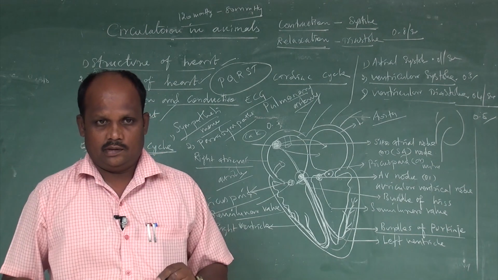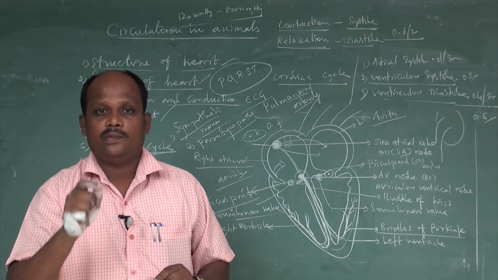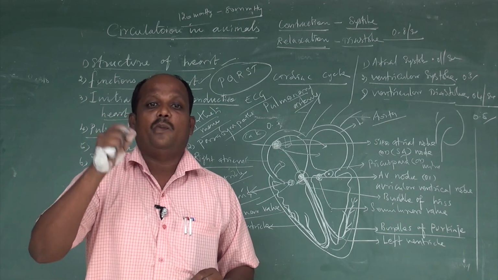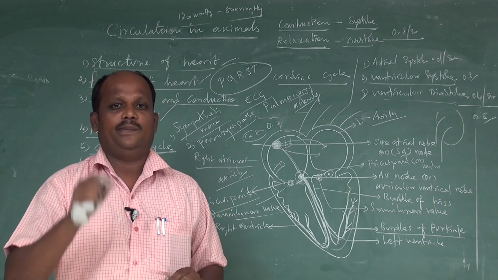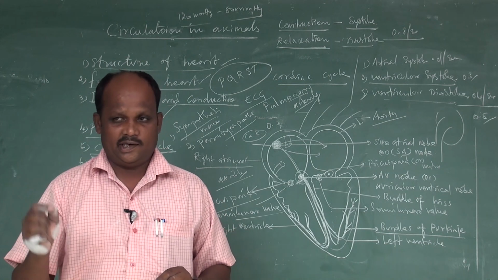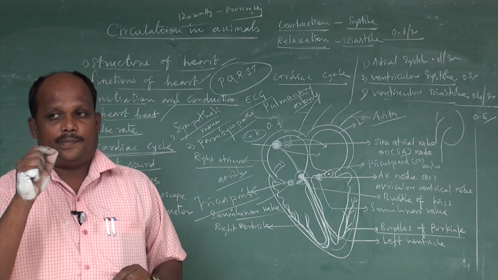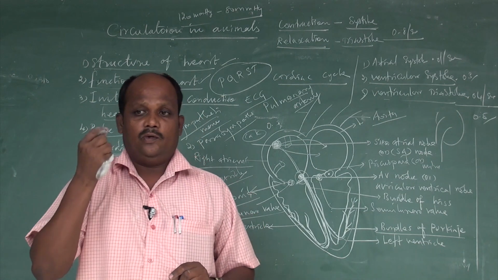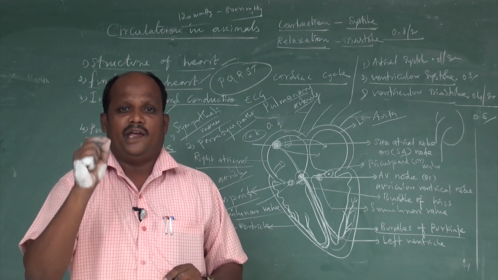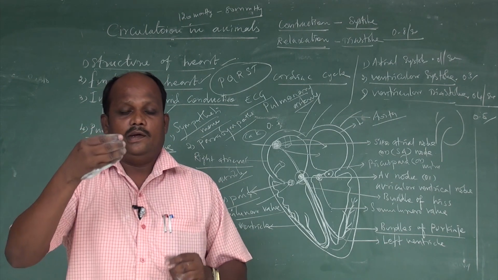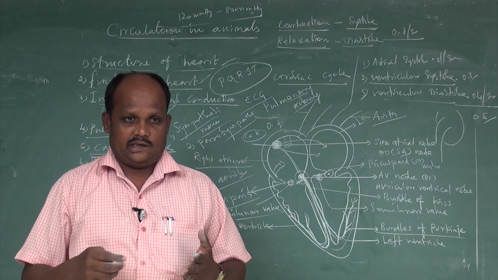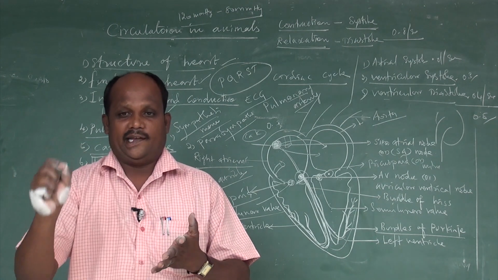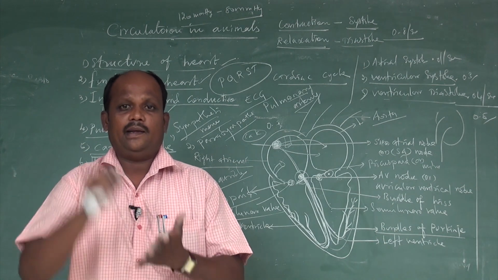What is the difference? Blood pressure is measured through the sphygmomanometer. On the sphygmomanometer the value appears through the mercury, and we observe the value in millimeters. That is called mmHg, which means millimeters of mercury.